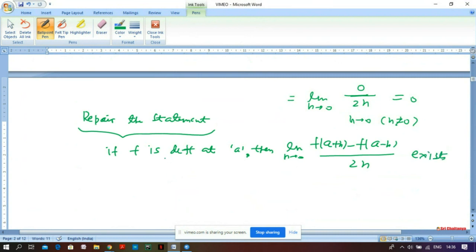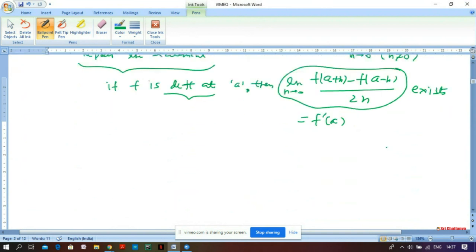Means if f is differentiable, then it exists, and of course then the value equals f prime of a. So the limit's existence does not mean that f is differentiable. Rather, if f is differentiable at a, then you know that this limit does exist and equals f prime a.